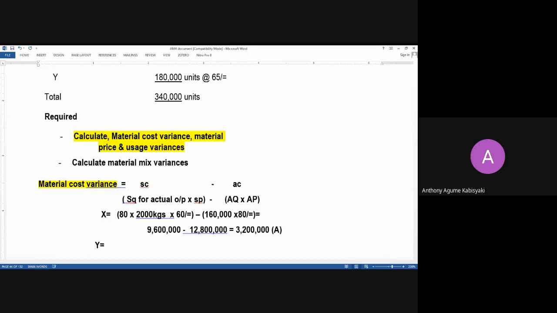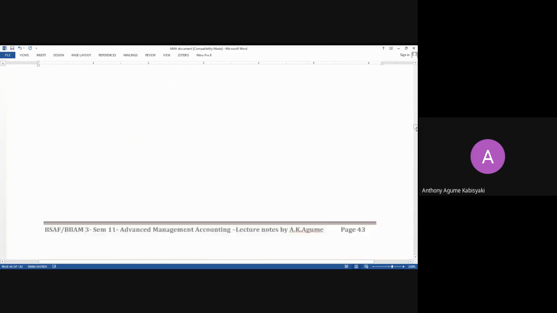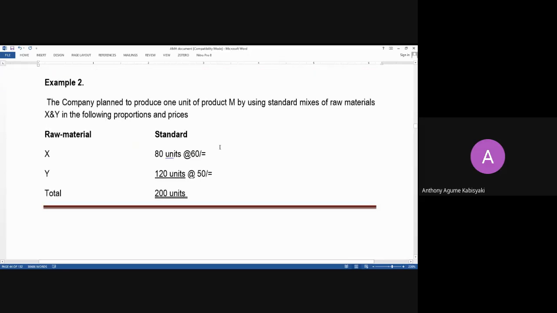I'll also do the same. Now, for Y, I will have the standard quantity for actual output. I go here, Y, it is 120 units.